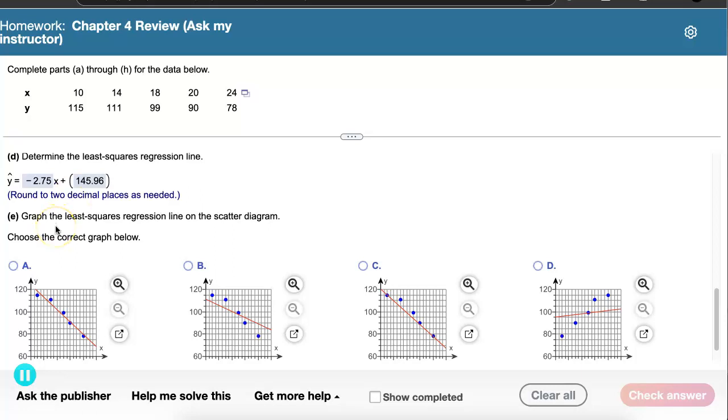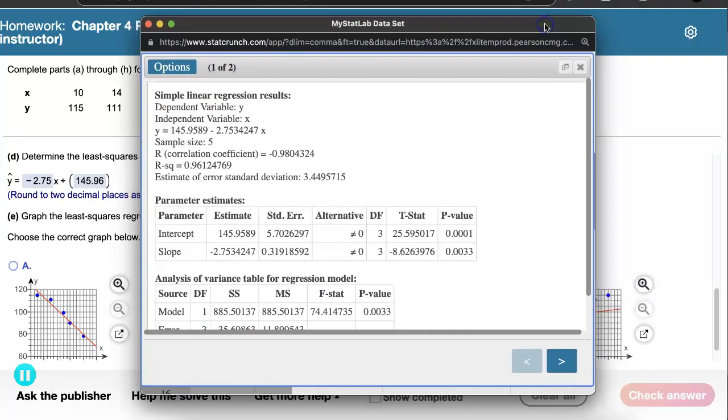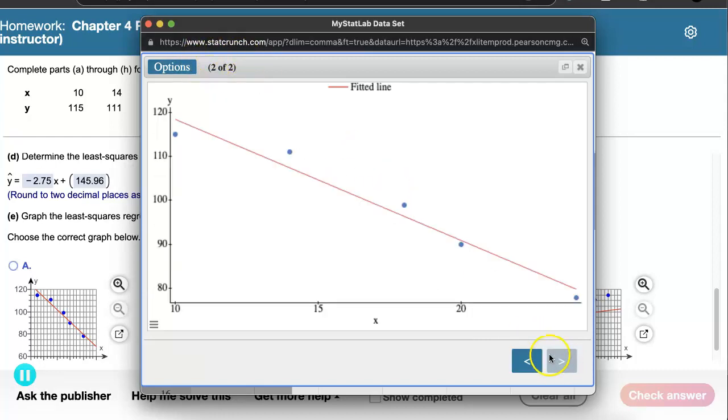For part E, we're asked to graph the least squares regression line on top of the scatter diagram. So for this, I'm going to go back and grab my results, the ones that I just had in StatCrunch. If I click this right arrow, I see that this is actually only one of 2 results that it gives me. On the second page is where you can see the scatter diagram and the linear regression.